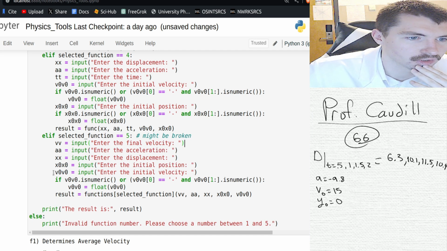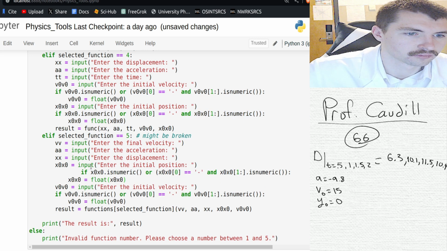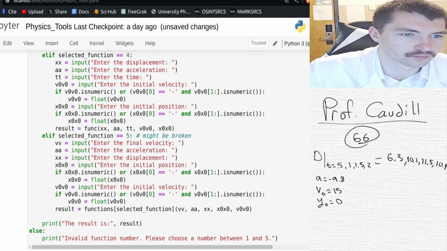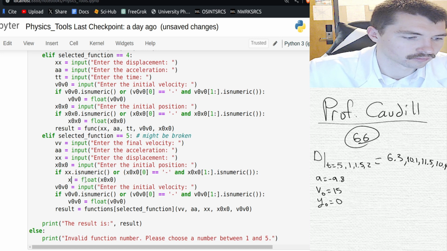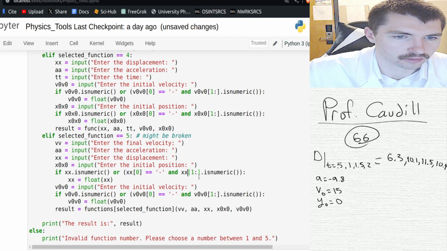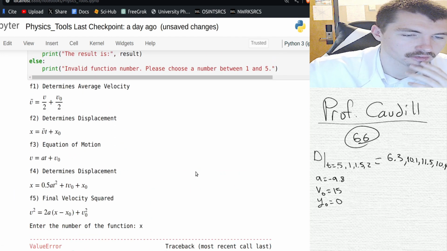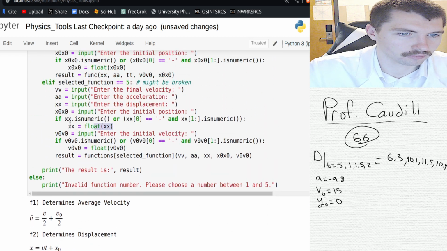Okay, so what is different? So we have if v naught is numeric. Maybe I could add something like this. Not sure if this will work.